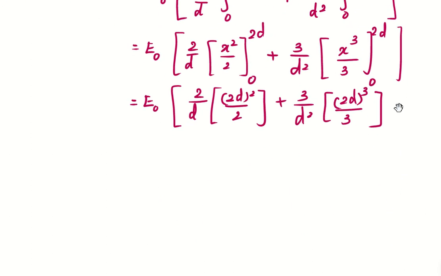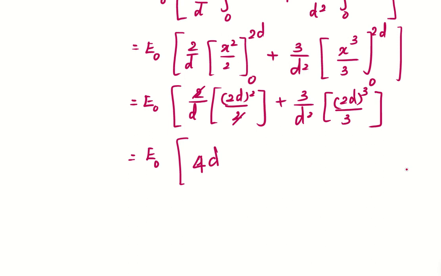Let's simplify this. So we have E0, the 2 and 2 will go away. And here one d will go away, so we have 2 squared is actually 4, and 1d will go away.